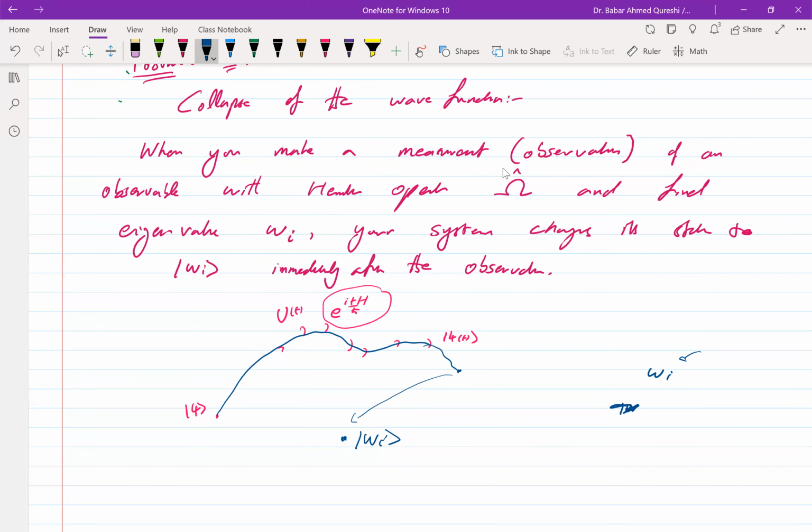It collapses and it brings out huge troubles in the interpretations, which we will discuss probably later. But one thing to note is that the regular evolution of the system is completely gone when you measure. So when you measure, you disturb the system in a huge way. It does not care about its own evolution, does not care about anything else. It just jumps to whatever you have measured at this moment.